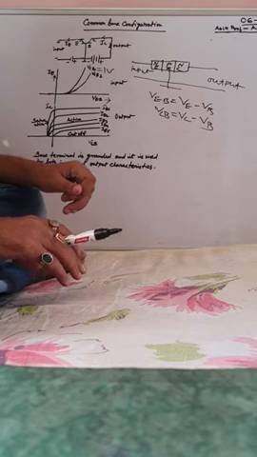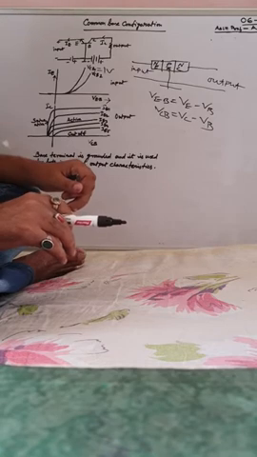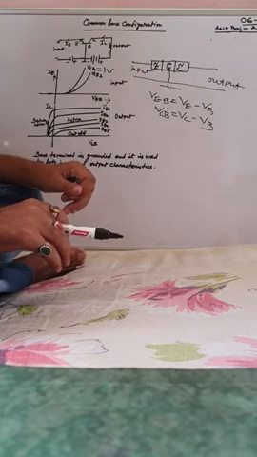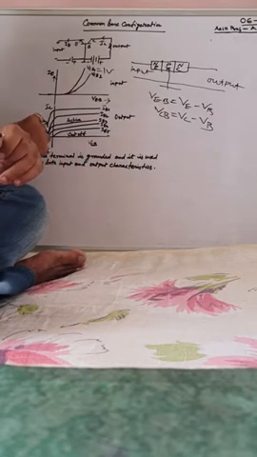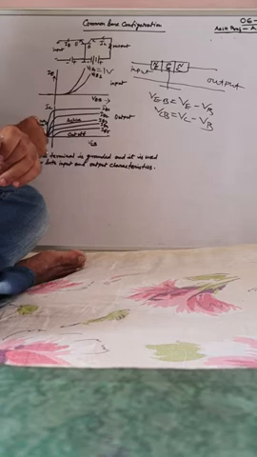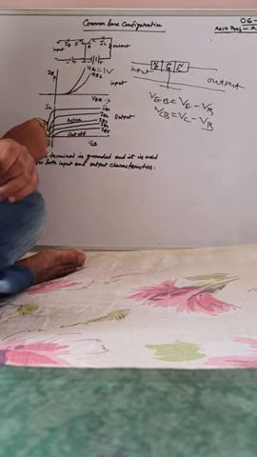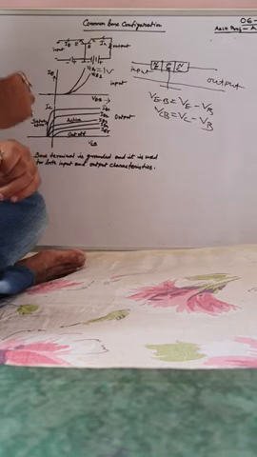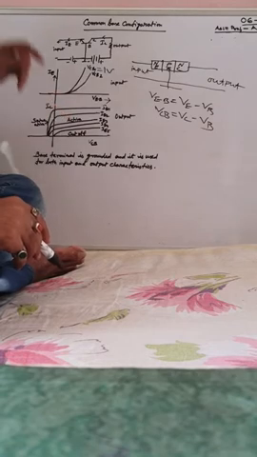If most of the base is covered by the depletion layer, recombination will be less. So the output curve starts a little away from the origin. This is known as the early effect. This is your output characteristics curve.